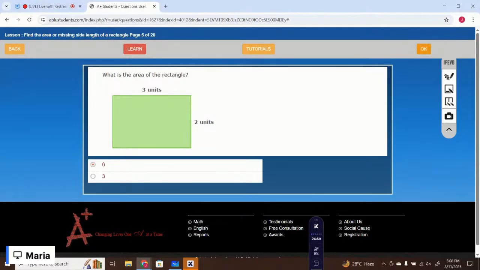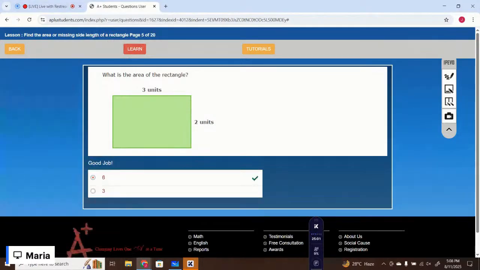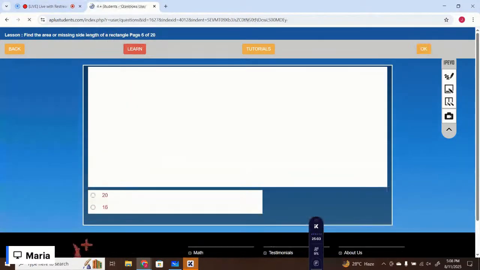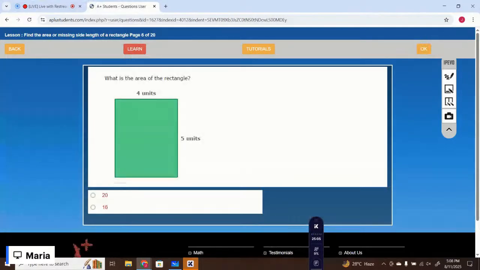Option number 1 is the correct option. What is the area of the rectangle?